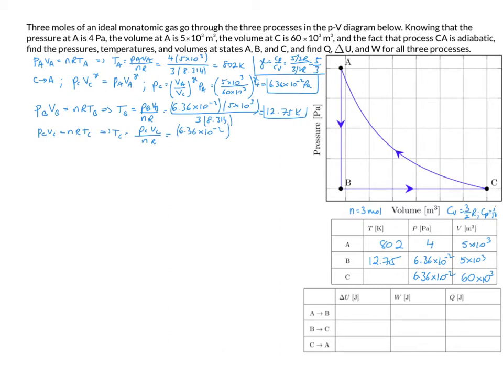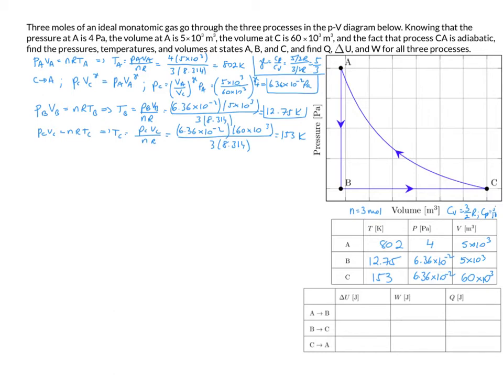Volume at C is 60 times 10 to the third, divided by 3 moles times 8.314. When I plug in these numbers, I end up with 153 Kelvin. So let's put that in here, 153 Kelvin. And we're done with the first table.